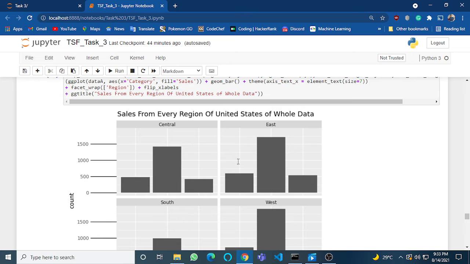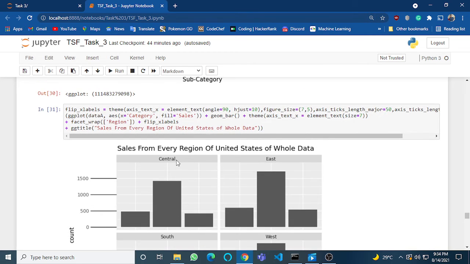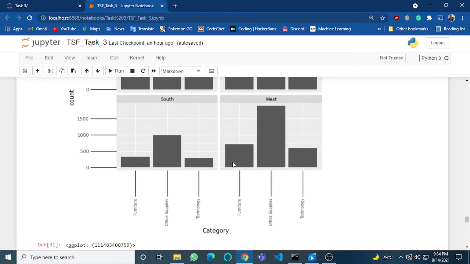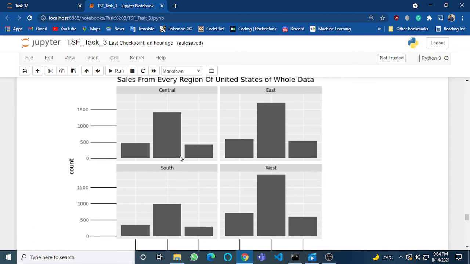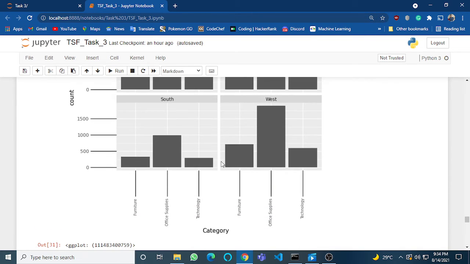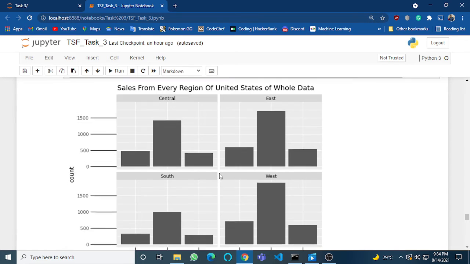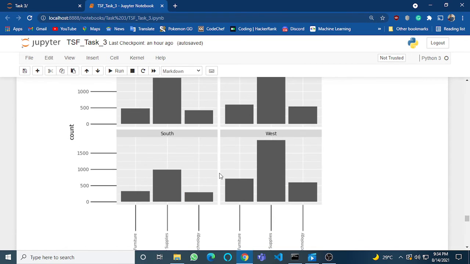Next, I have done a ggplot on the sales from every region of the United States, as you can see here, and this is on the whole data, showing that the office supplies in West has the highest values compared to the other domains.